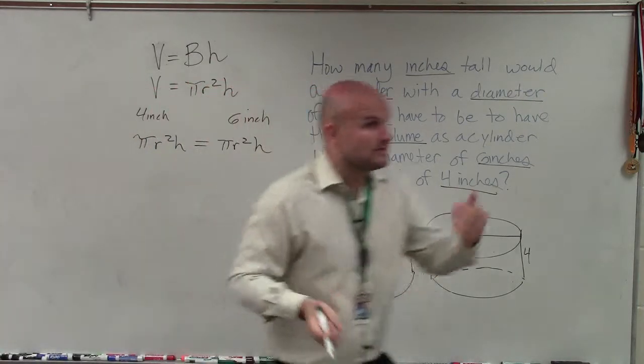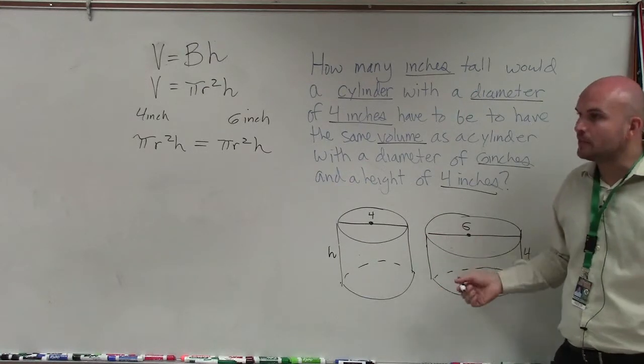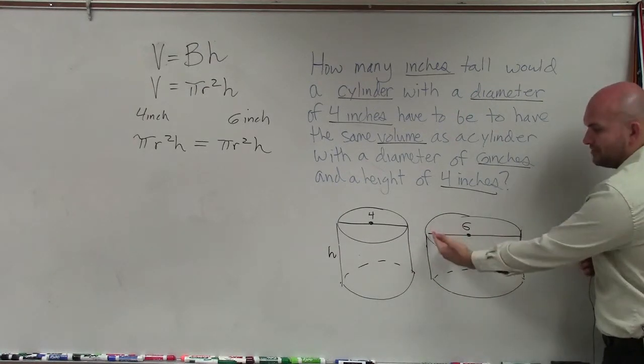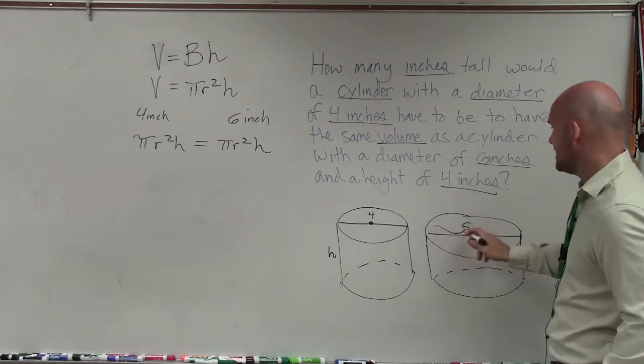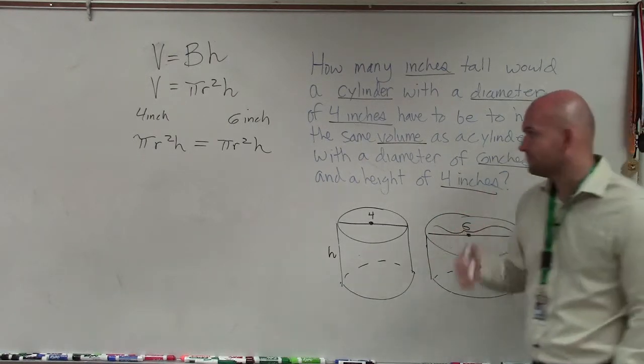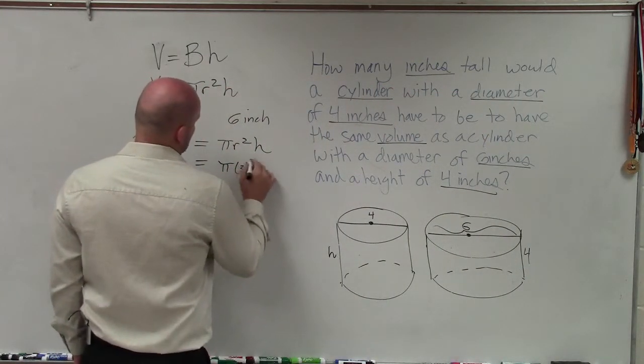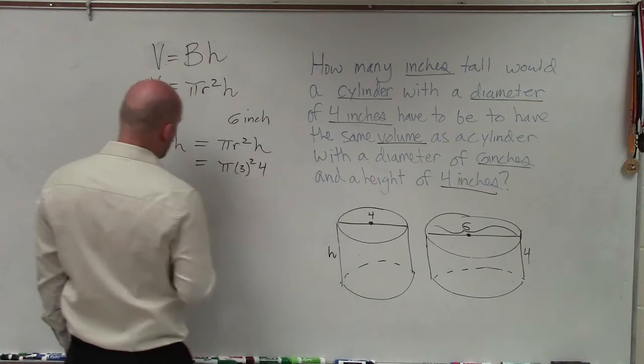Now, for the 6 inch, we know what the height is. We now need to determine what the radius is. Well, if the diameter from one side to the next is 6, that means the radius is going to be 3. So I can say pi times 3 squared times height, which is 4.